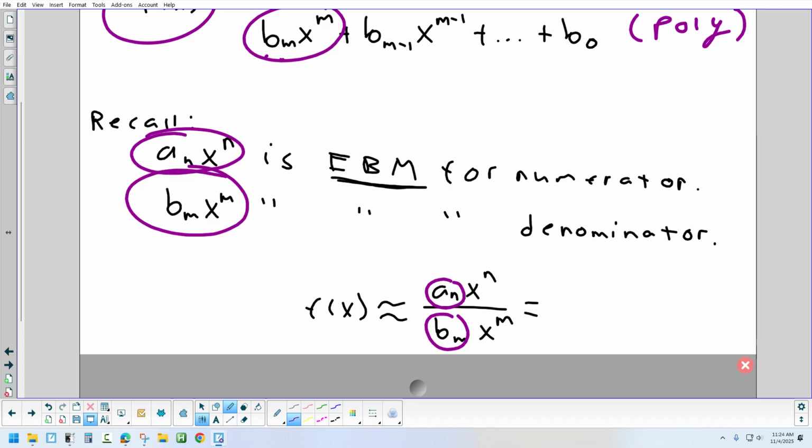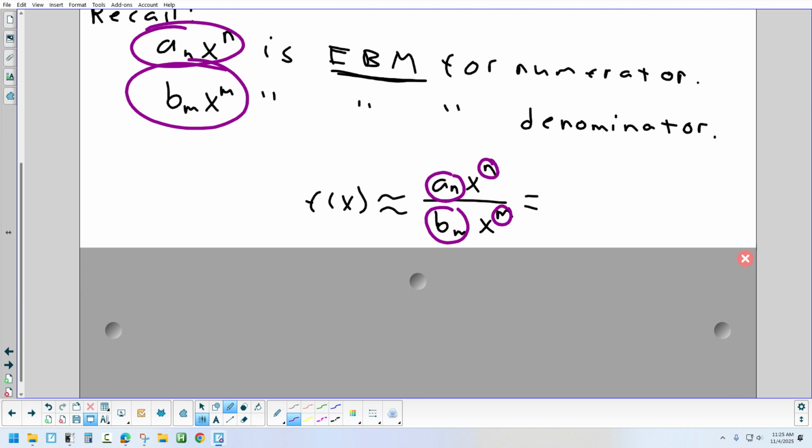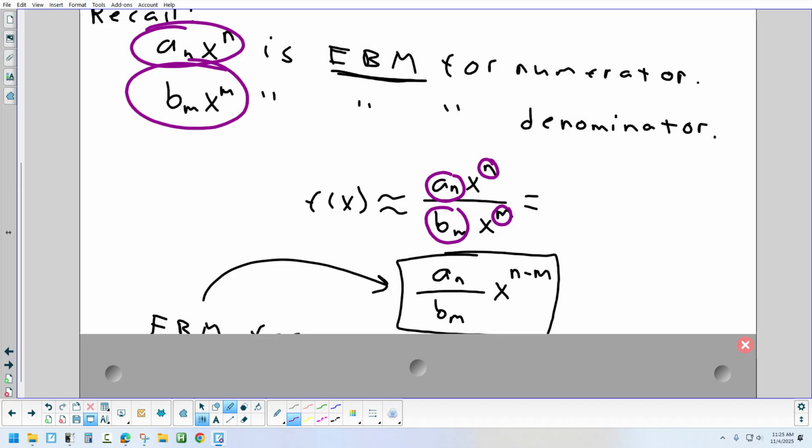So if they reduce, we'll reduce it. If not, like if it was 2 over 3, we just leave it as 2/3. But what happens when you divide two things that have the same letter for the base? Does anyone remember what you do with your exponents? That's when you multiply with the same base. You subtract them. Yeah.